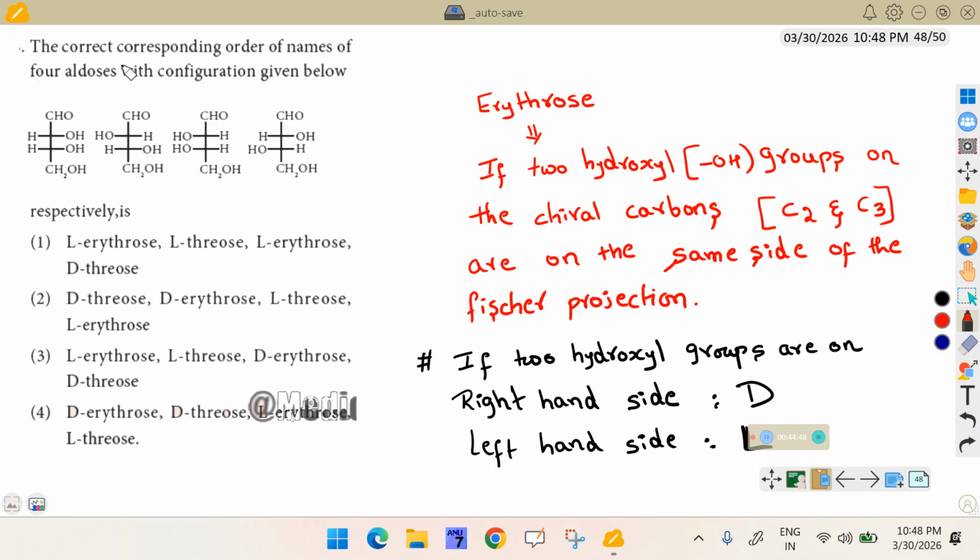The correct corresponding order of names of 4 aldoses with the configuration given below.